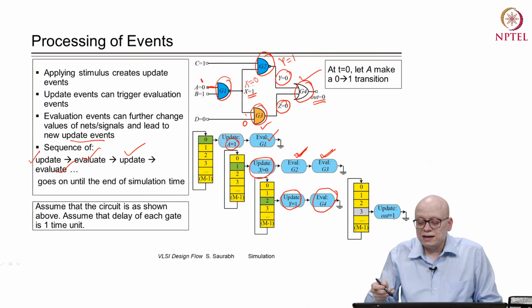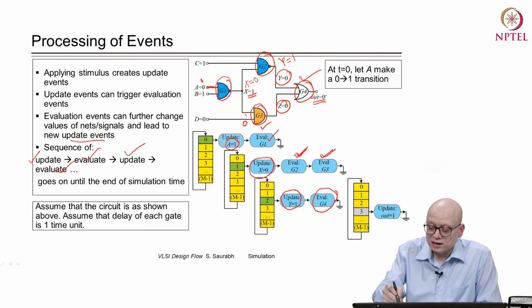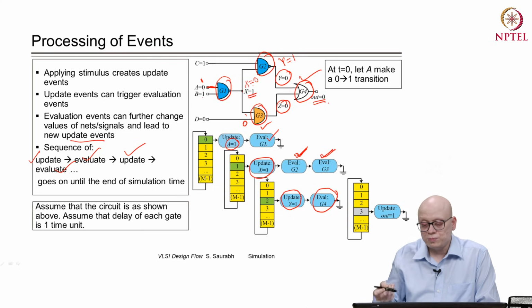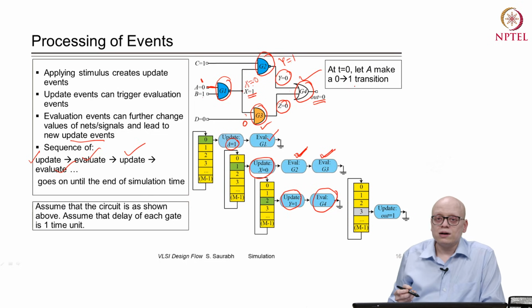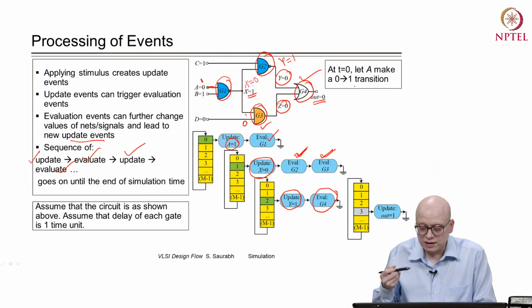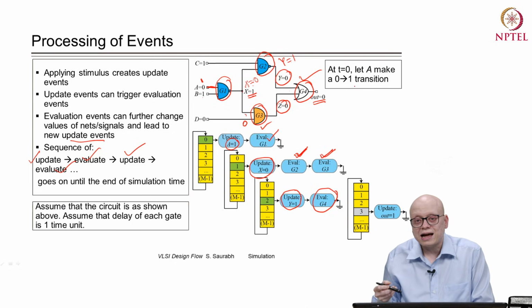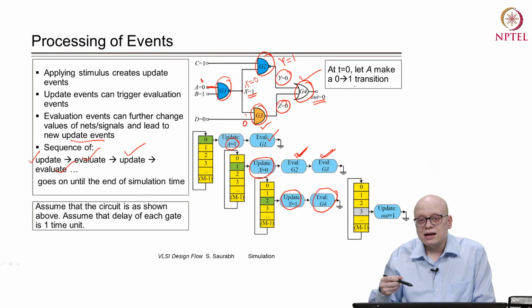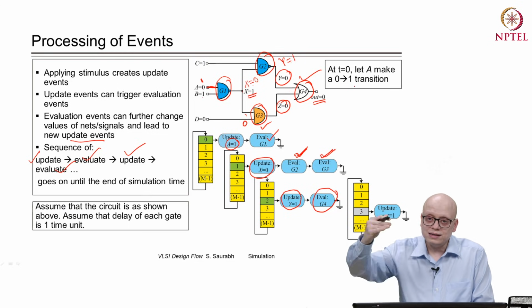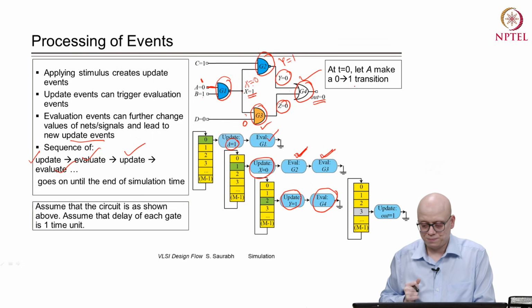And when update of out is equal to 1, it will not create any new evaluation event because there is nothing in its fan out. So, this is how the simulation will be done in Verilog, and how the timing wheel will be used in maintaining and processing the events in an increasing order of time.